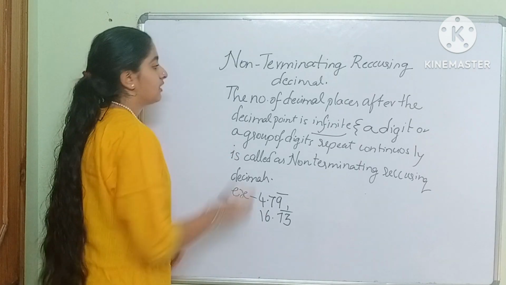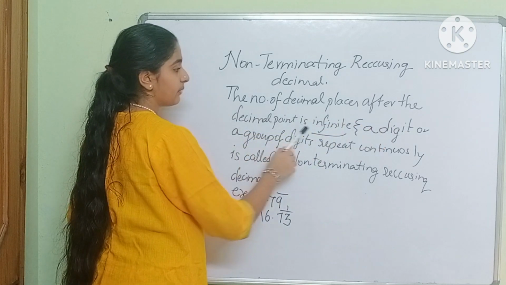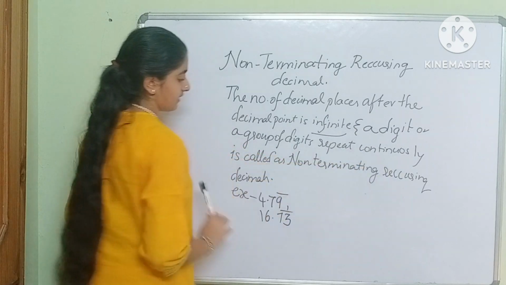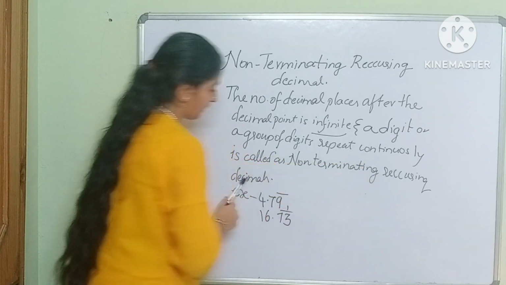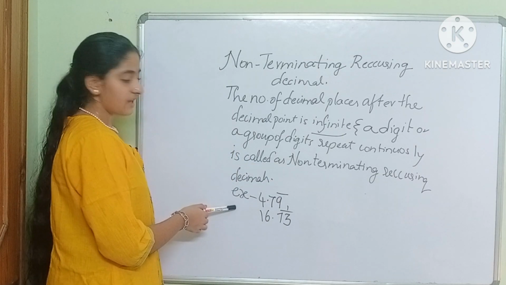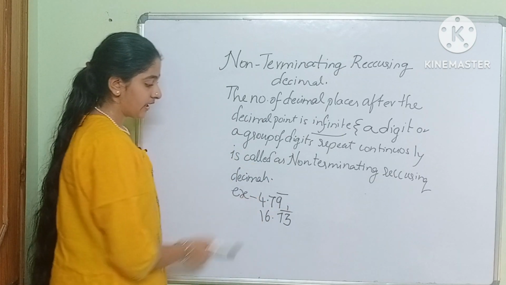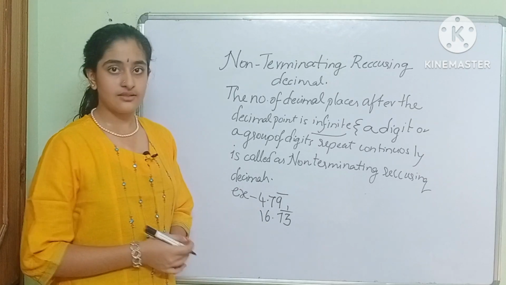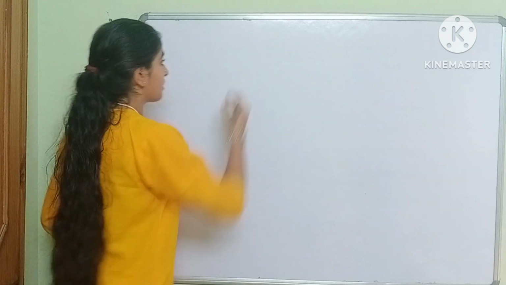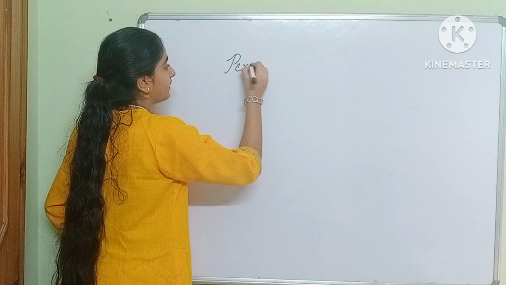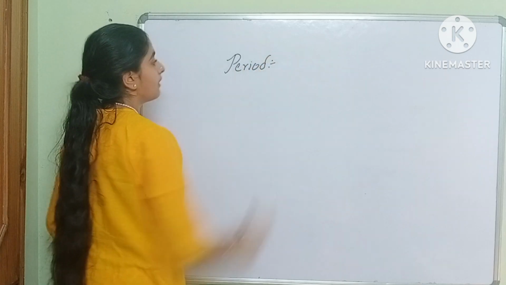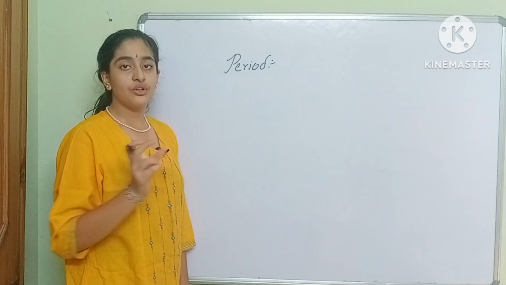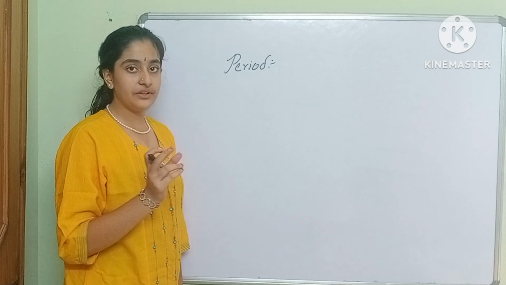Let us recall it. The number of decimal places after the decimal point is infinite and a digit or a group of digits repeat continuously is called a non-terminating recurring decimal. Those examples are 4.79 bar and 16.73 bar. So let us go into the next topic, period. The digits in the recurring part are called the period.